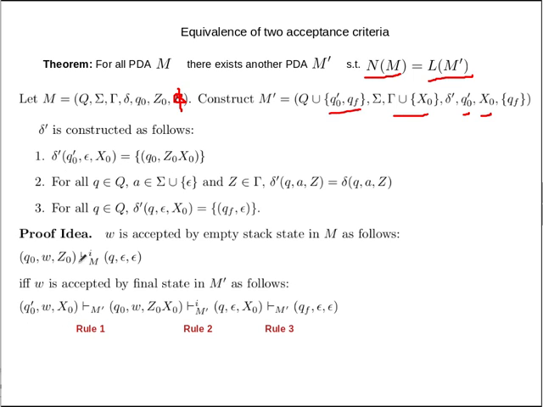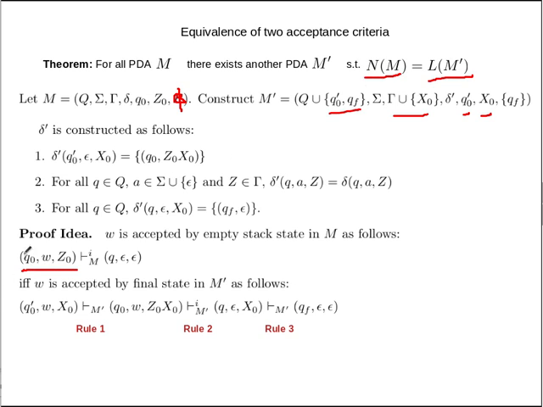Now I'm going to show that some string is accepted by M via empty stack if and only if that string is accepted in this M prime via final state. So this will be the initial ID in M with input W. Here the start state is Q0, start stack symbol is Z0.